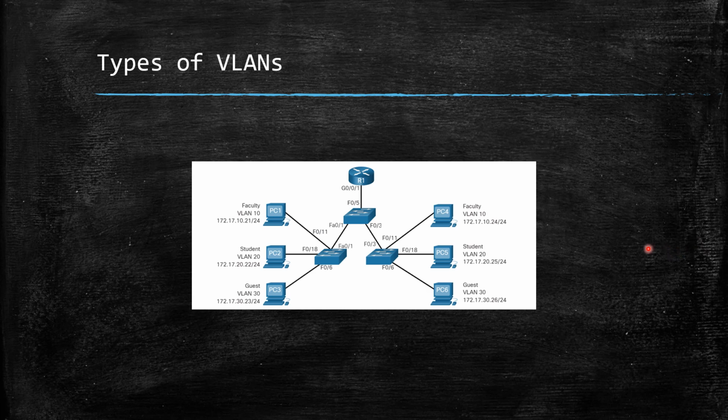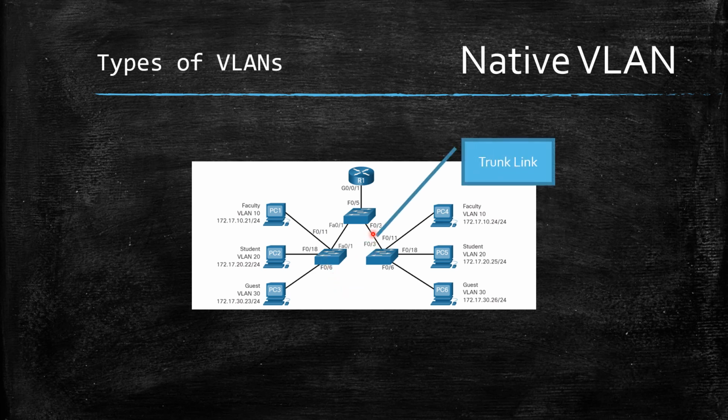The next type of VLAN is native VLAN. As you can observe in this figure that we have also seen previously, you might notice the link between the network devices, between two switches. This highlighted link is called a trunk link.